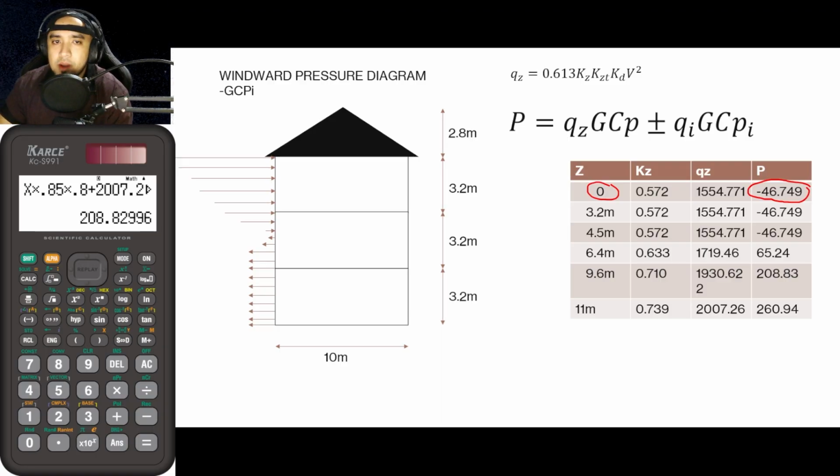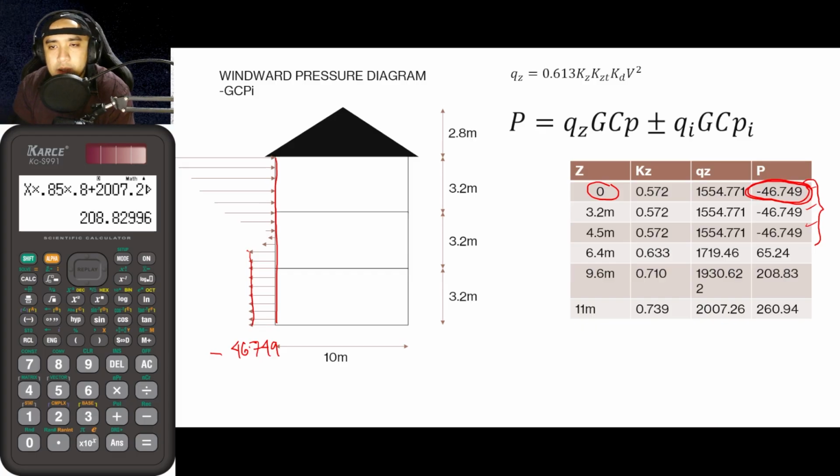When we say suction, it is as if your building is being pulled outward. So since this is negative 46.749, it must be directed away from the building. As you can see, up until 4.5 meters, they have the same pressure. That is why this is uniformly distributed.